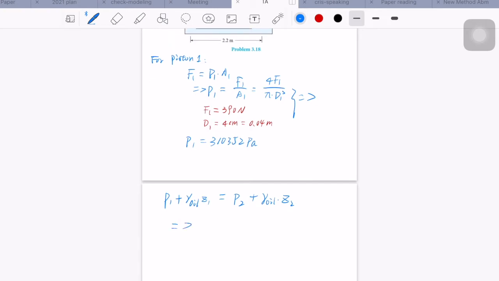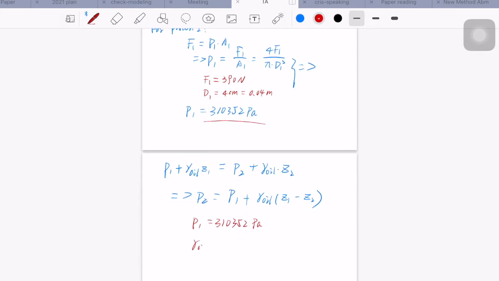And we can get that P2 equals P1 plus gamma oil times Z1 minus Z2. And we know the P1 equals 310,352 Pascal, we calculated before.